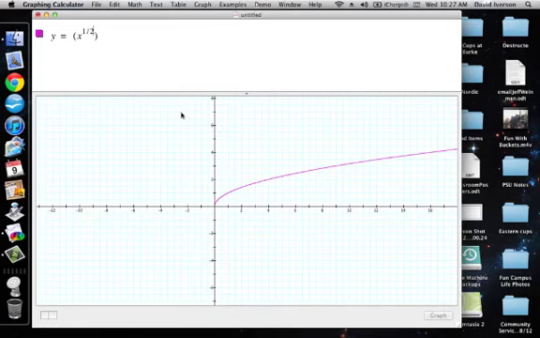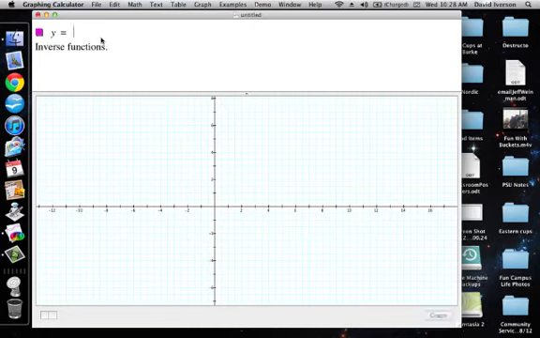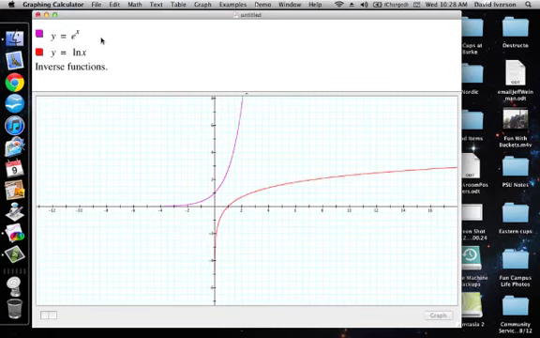Okay. Then moving on, the last thing that I want to talk about, because I got a lot to do in this video, is inverse functions. So we talked about how if you've got y equals e to the x, and then y equals ln of x, those functions kind of undo each other.